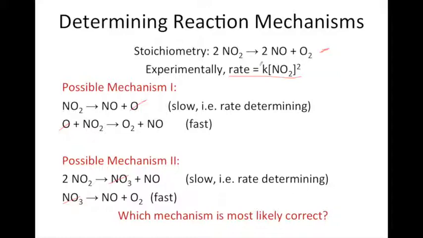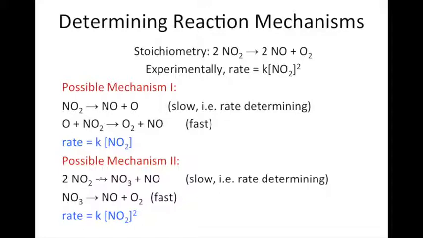Now let's look at the rate laws. What's the rate law for this first mechanism? Well, for the slowest elementary step, the rate law would be rate equals k times the concentration of NO2 to the first order. Well, that doesn't fit. Over here, you can see we have the rate law to the second order. The rate law for the second one, we look at our rate determining step.